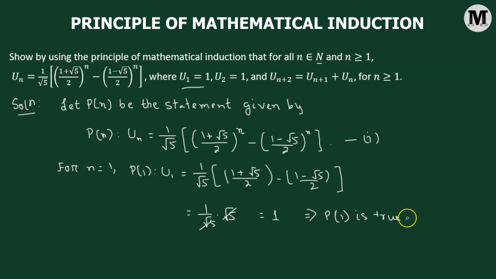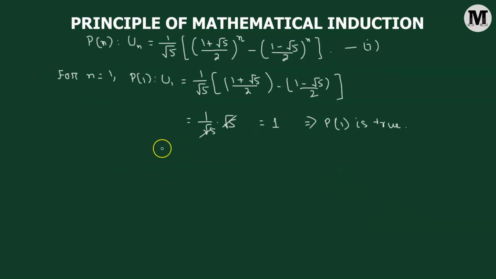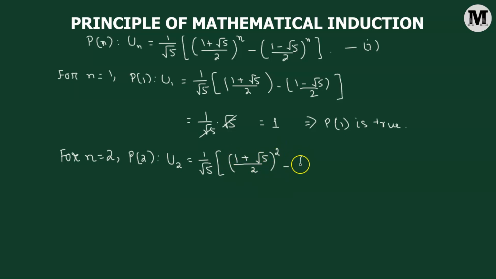Similarly, let's verify if the statement is true for n equals 2. For n equals 2, we have P of 2 such that u2 equals 1 over square root of 5 multiplied by 1 plus square root of 5 divided by 2, whole raised to the power of 2, minus 1 minus square root of 5 over 2, whole raised to the power of 2.